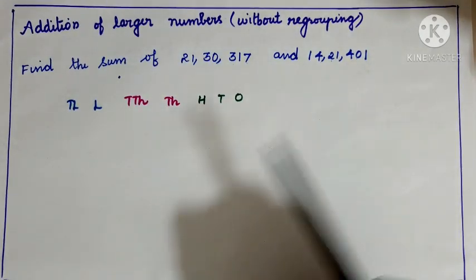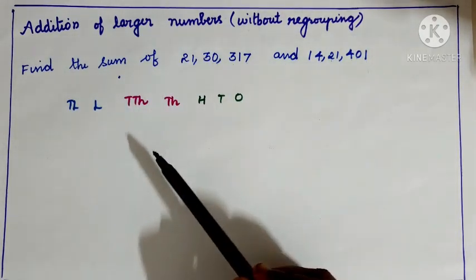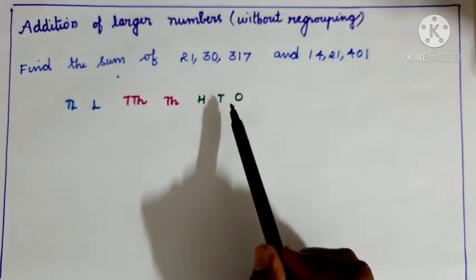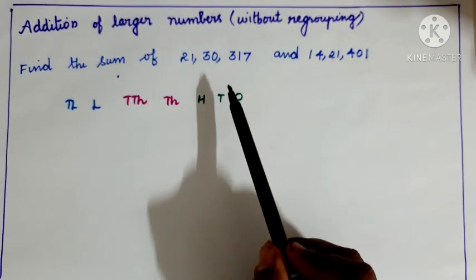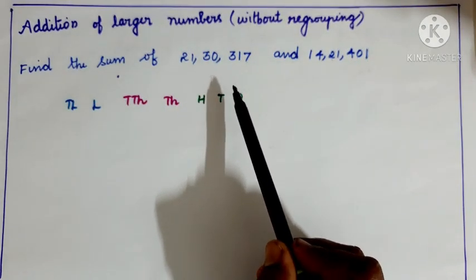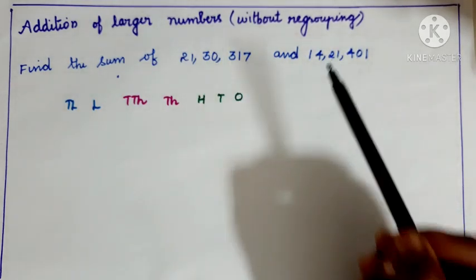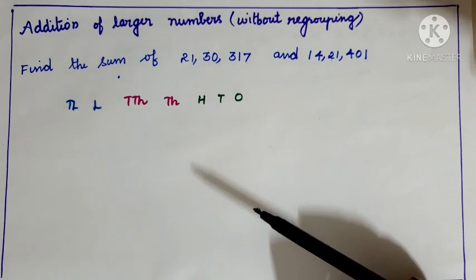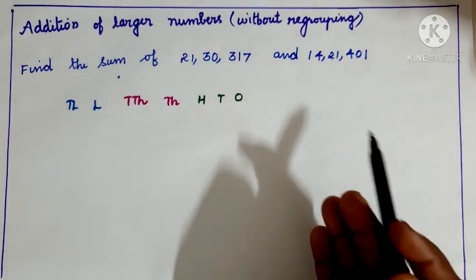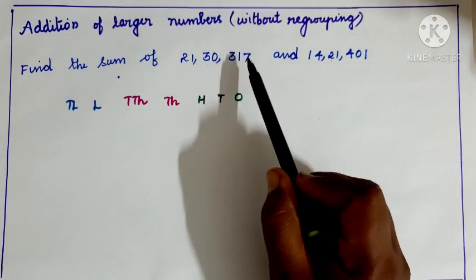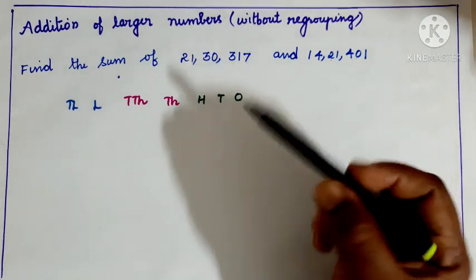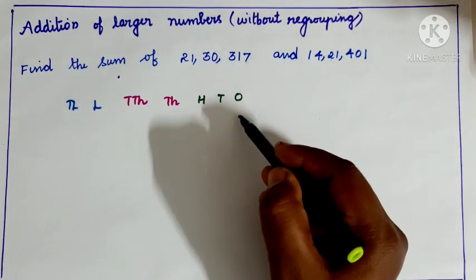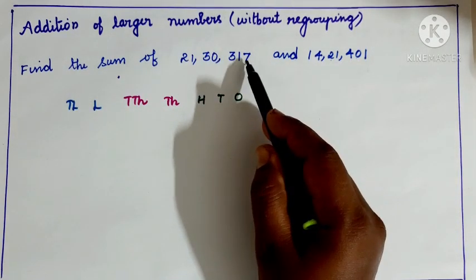So before you start adding, what do you have to do? You have to write the addends. So both are addends, and we are going to find the total. When you start, what I said, you have to start with the ones digit, isn't it? So you can write the ones digit first. Ones digit is what? 7.